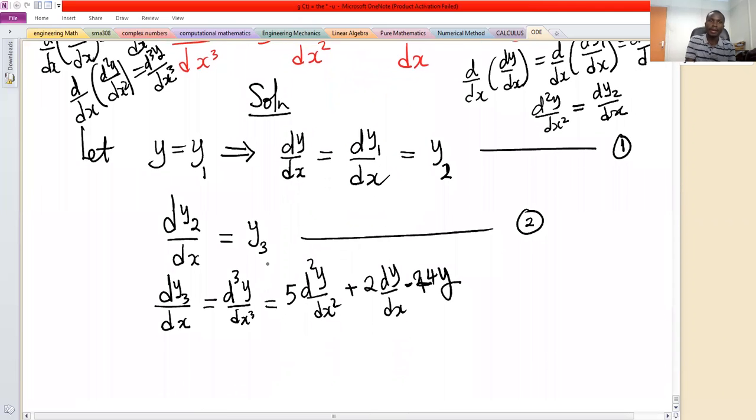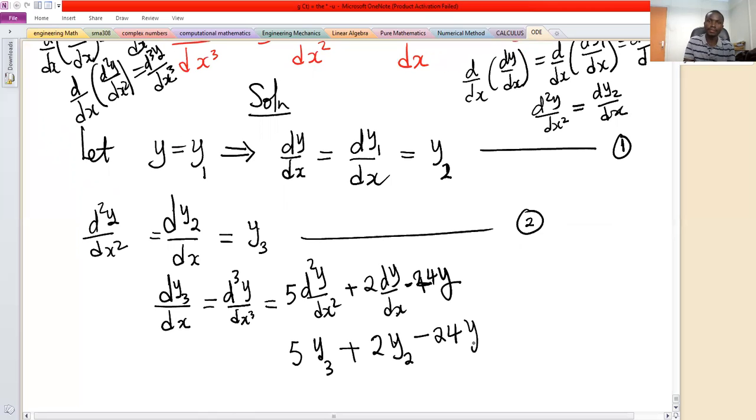Now, where there's d squared y dx squared, you replace it by y3. And dy dx is the same as y2. So I have 5 y3 plus 2 y2 minus 24, and where there's y, you put y1. And this is dy3 dx. Call this equation 3.